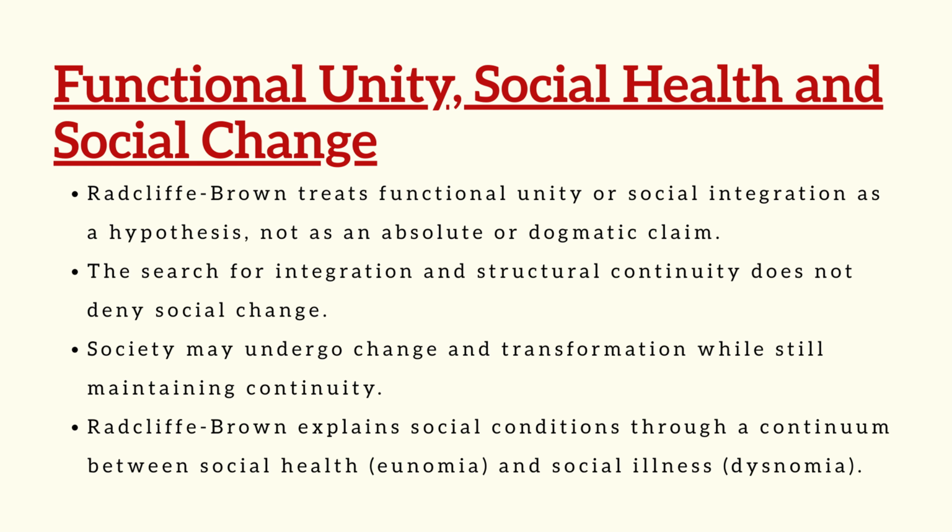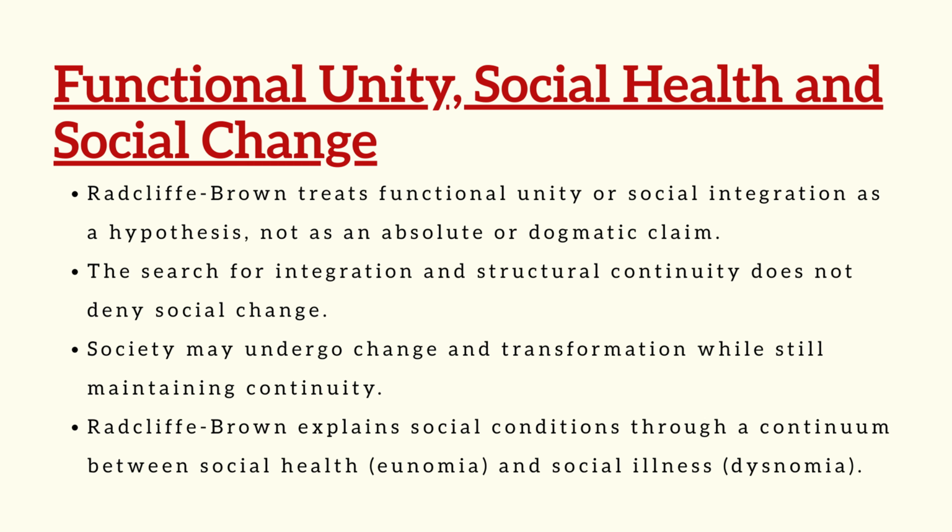Radcliffe Brown's approach to functionalism is often misunderstood as seeing society as completely stable and unchanging. However, his ideas are more nuanced. Let us understand this step by step. Radcliffe Brown clearly states that functional unity or social integration is a hypothesis, not a fixed or unquestionable assumption.